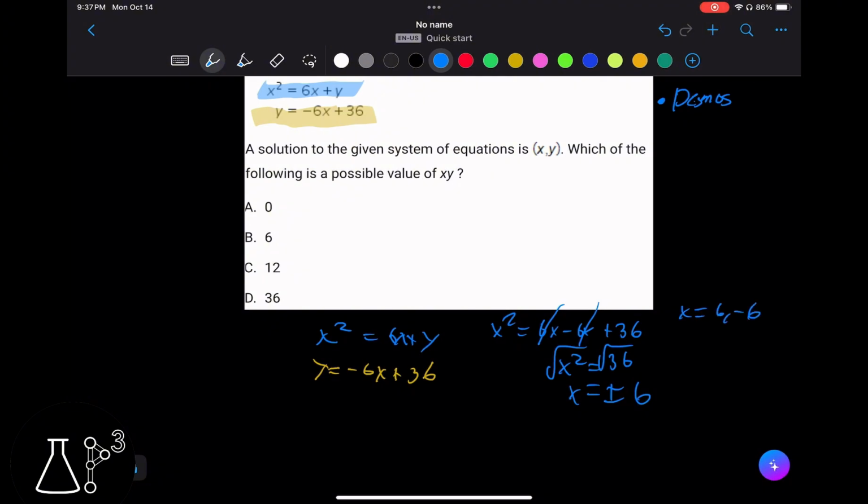And we're looking for which of the following is a possible value. So we're going to have two solutions when we multiply x and y, but we're going to have one of those solutions in the answer choices.